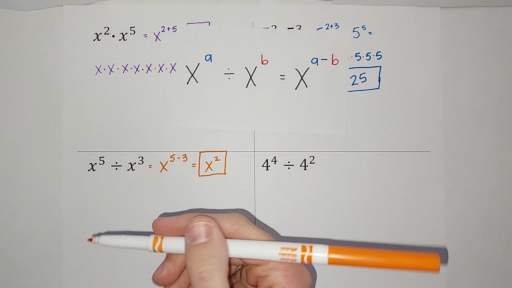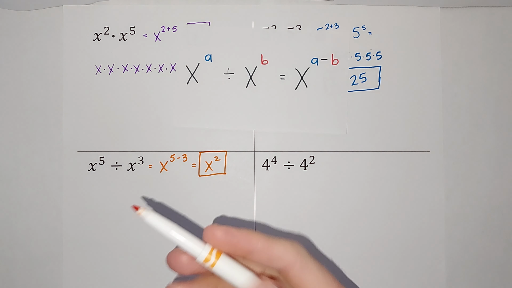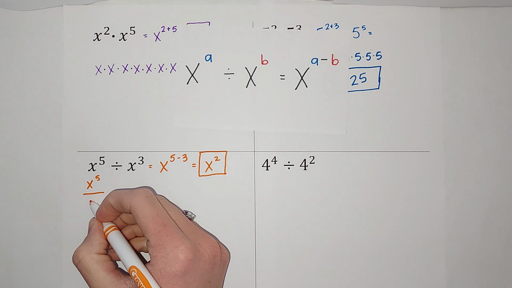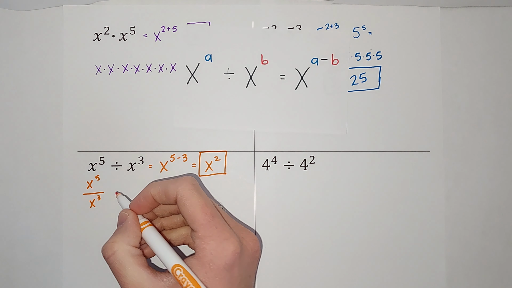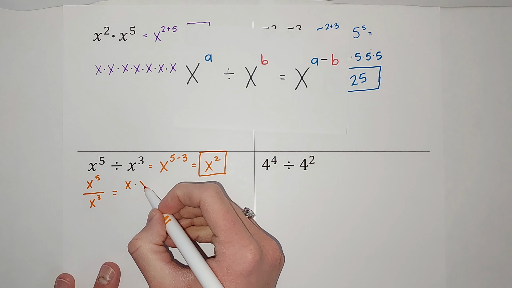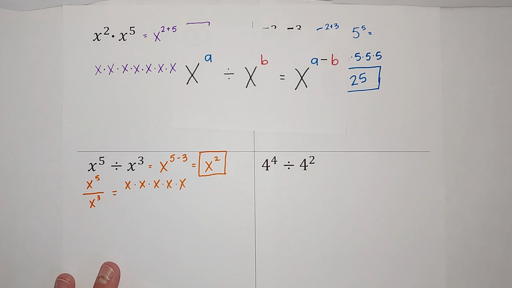Why does this work? Well, we can always write stuff as a fraction when it's being divided, right? So this could be x to the fifth over x to the third, okay? When I have x to the fifth on top, that is x times x times x times x times x, right?